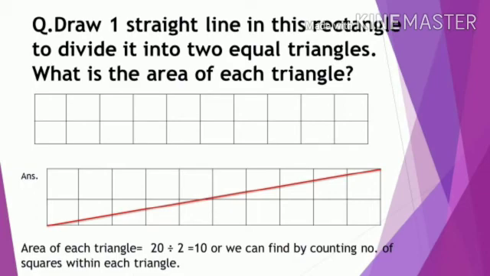And when we divide this rectangle into two equal halves, we can get the area of each triangle, meaning 20 divided by 2 is equal to 10 square units. So the area of each triangle will be 10 square units. And the other method is to find it by counting the number of squares in each triangle.